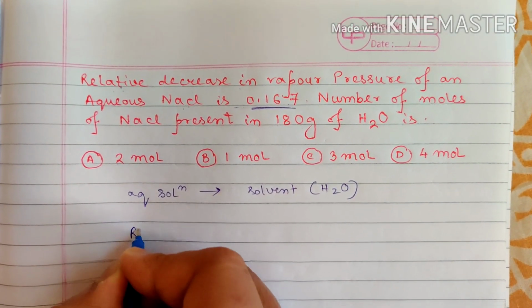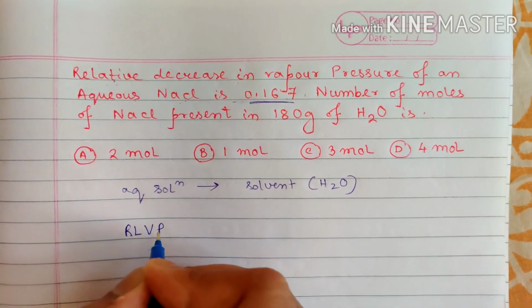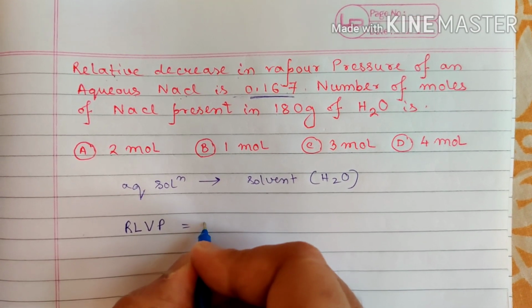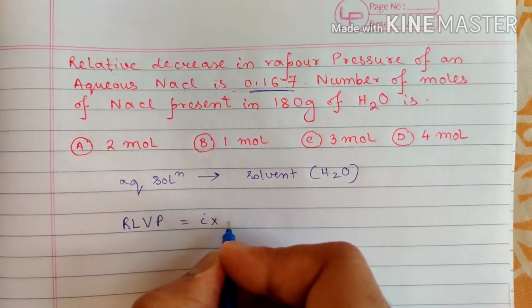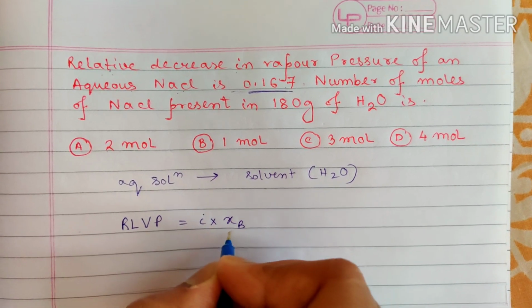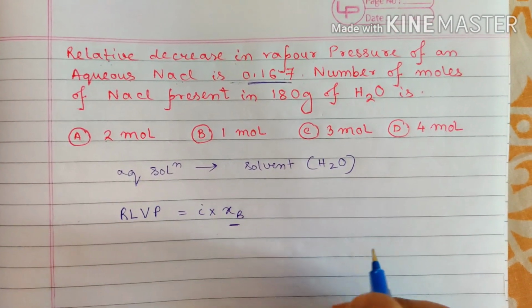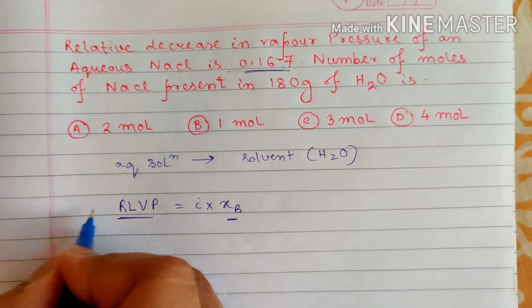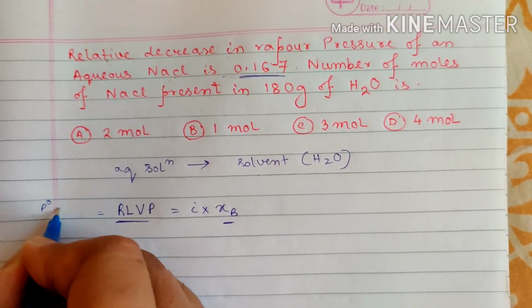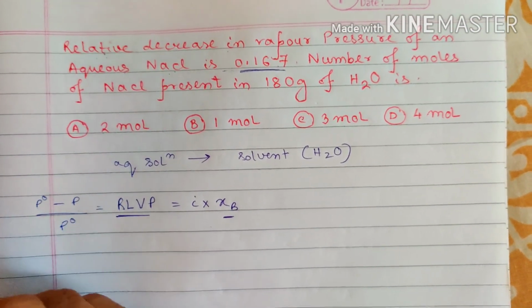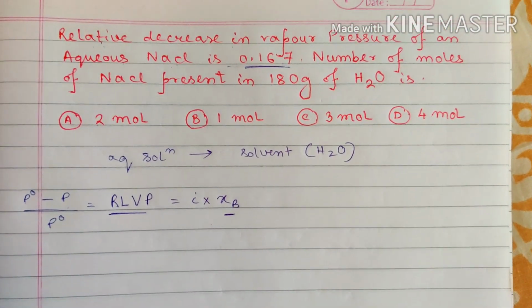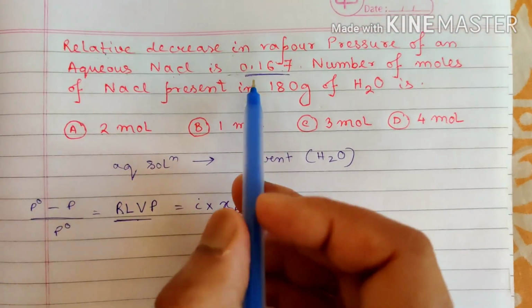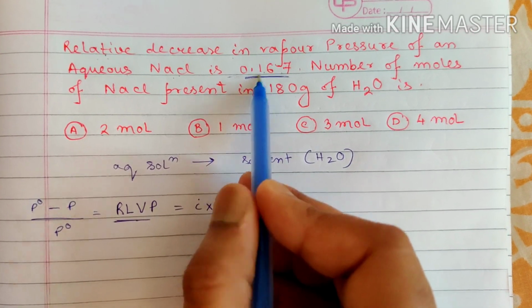The formula of relative lowering of vapor pressure is equal to i into X_B, that is the mole fraction of solute. We must realize what RLVP is. It is nothing but P0 minus P divided by P0. I hope all of us can remember that. So RLVP is given as 0.167.